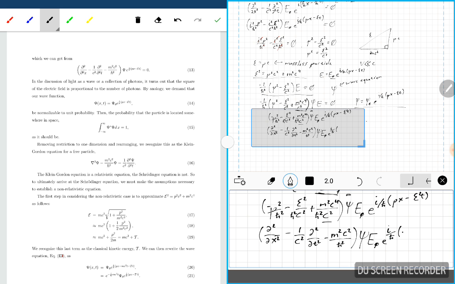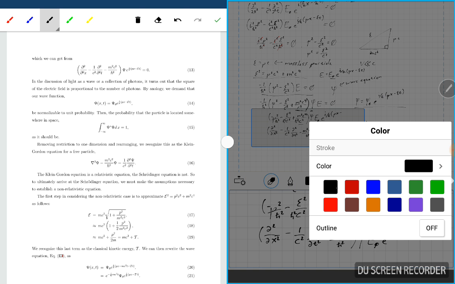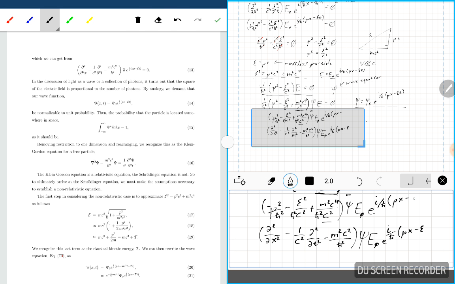We could have just had it lying out there. That was not omega squared, that was, there we go, E t. And all of that equals 0.